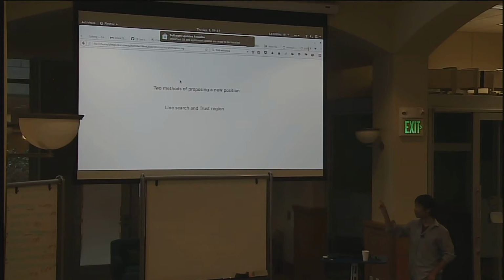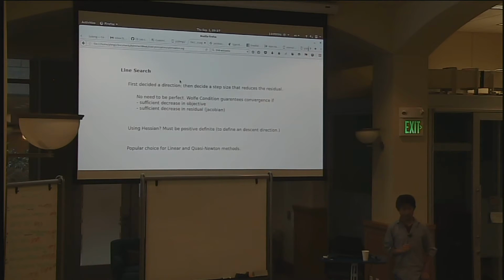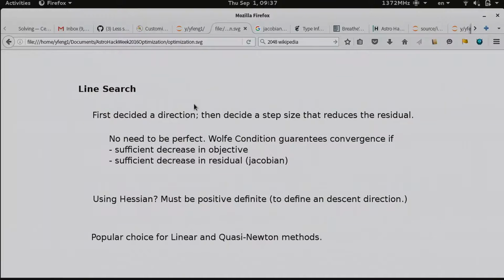So I think it's important for us to know what trust region is, because SciPy is actually a good library. Line search is simpler, easier, and it's usually the first example in any optimization textbook. The idea is simple.